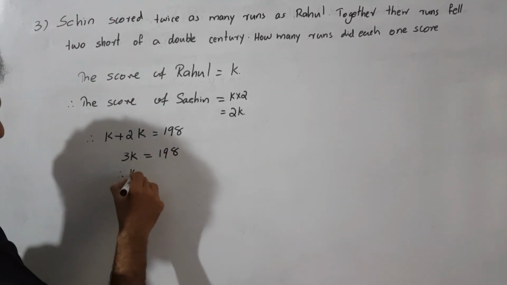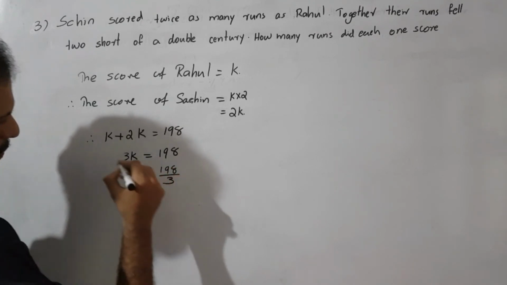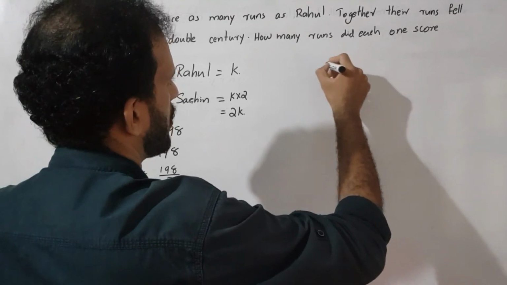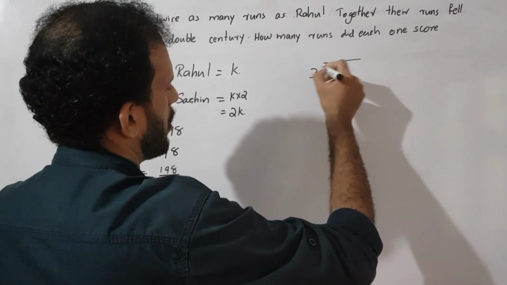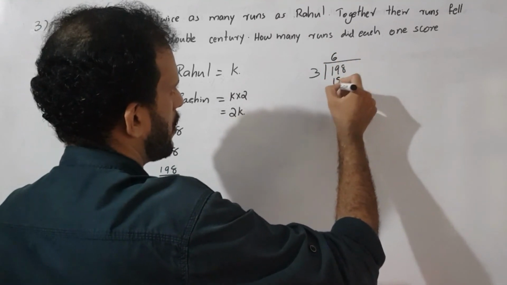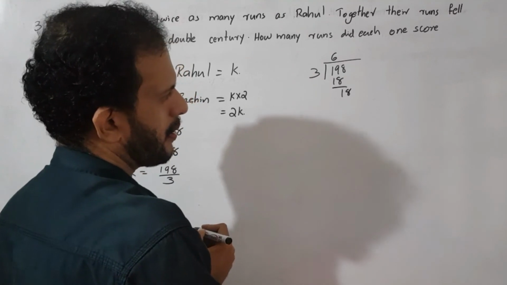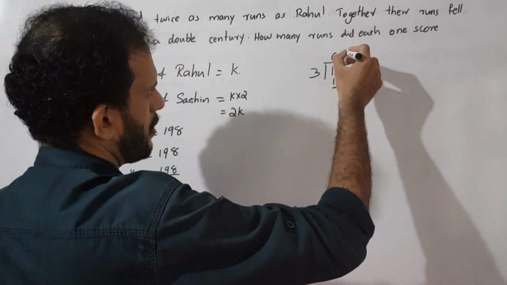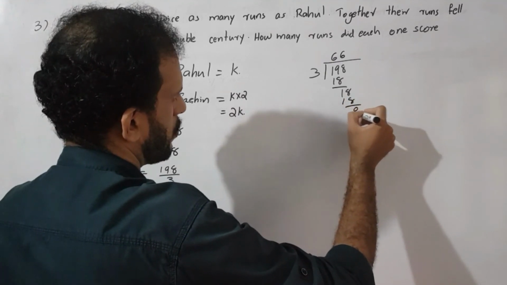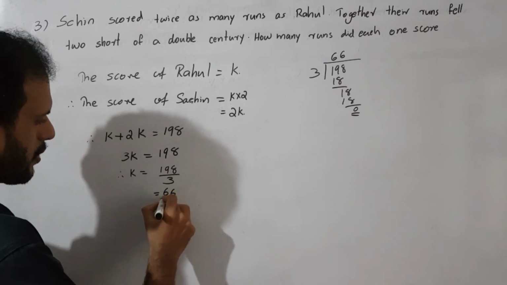Therefore, K is equal to 198 divided by 3. Then we divide 198 by 3. Then what do we get? 19, how many times? 6 times. 18, then 1, 8. Correct? Then again 6 times. 18, 0. Then what is K? The K value is equal to 66.